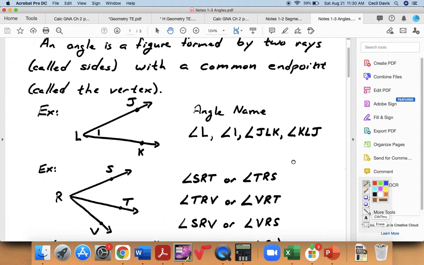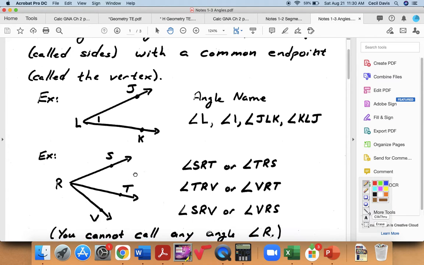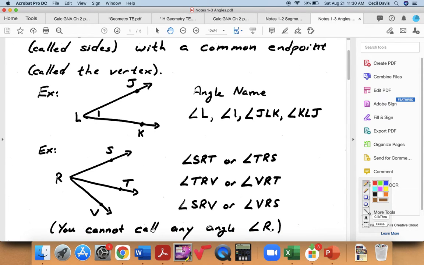If there is more than one angle in the diagram with the same vertex, in this one, you can't call any angle angle R. If you say angle R, you're going to say, well, which angle with a vertex at R? Because there are several that have a vertex at R. So starting up here at the top, this angle that has sides RS and RT, so I'm going to add that onto this.